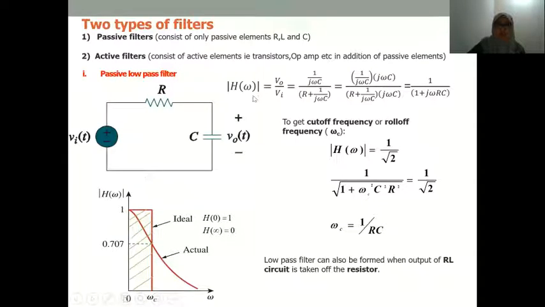From here, your magnitude H of omega is equal to V out divided by V in.